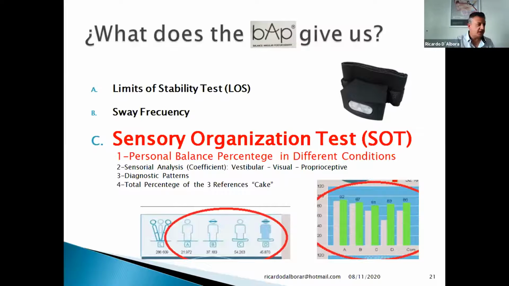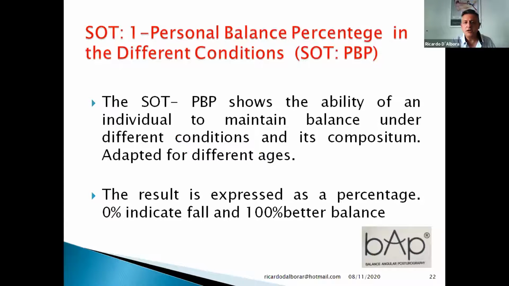Sensory organization test. The sensory organization test shows the ability of an individual to maintain balance under different conditions and its composite, adapted for the different ages. The result is expressed as a percentage, where 0% indicates fall and 100% very good balance.